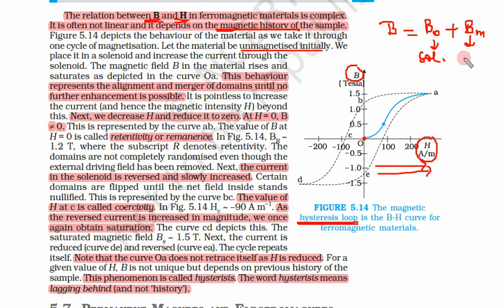Bm is because of the ferromagnetic material, so this is an additional part. B combines both of them, and because of this Bm, B becomes very high, 400 or 500, even 1000 times higher. B naught is very small.